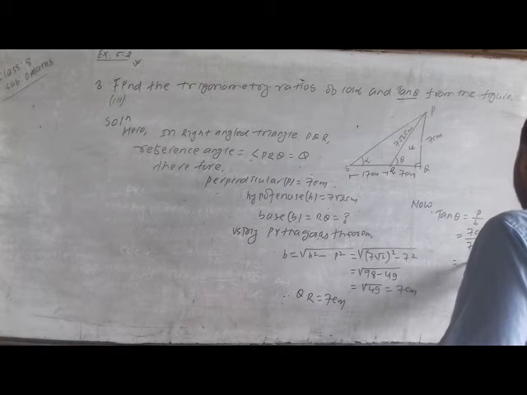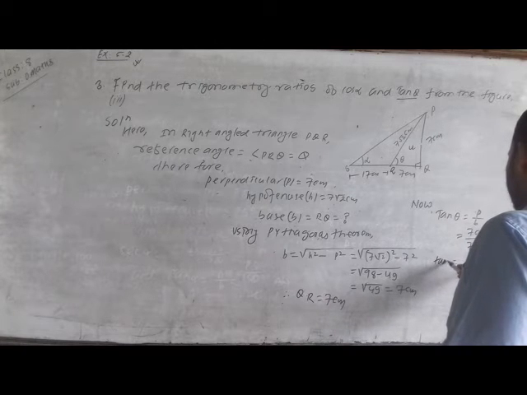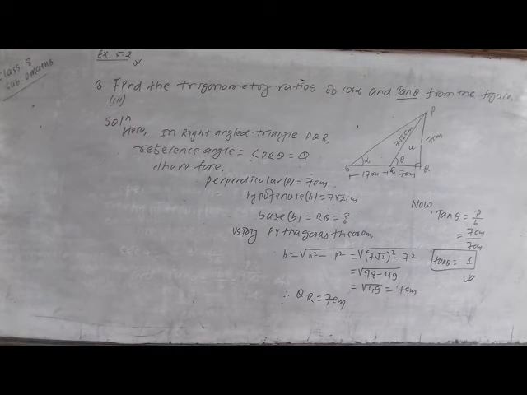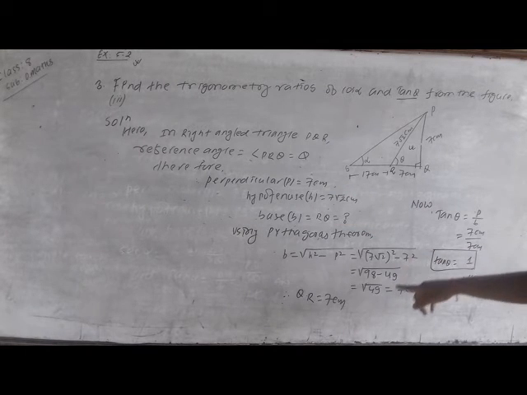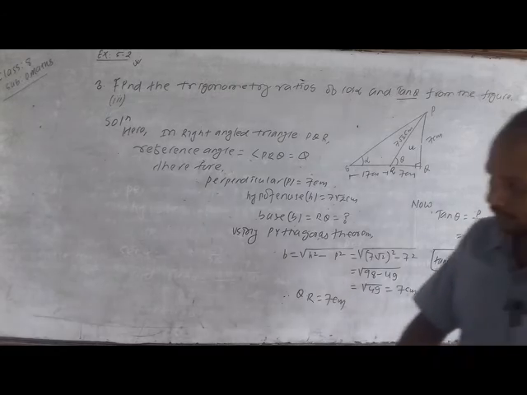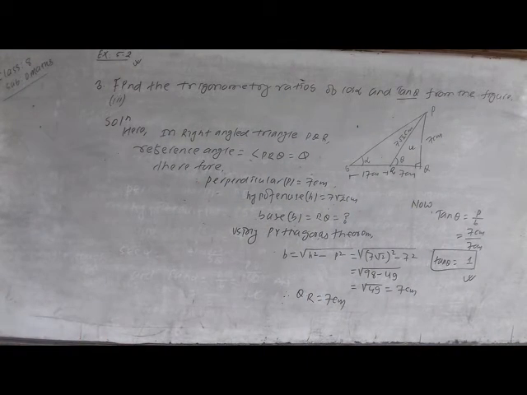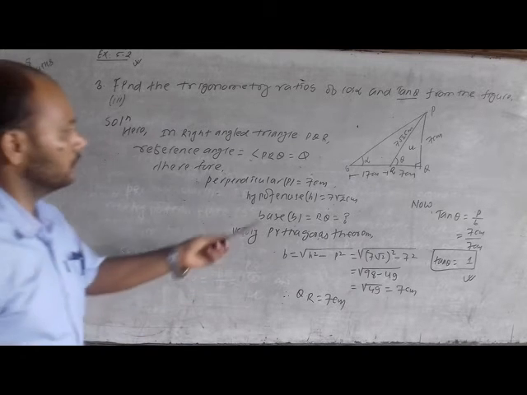So we have here 1. So what is the ratio of tan theta? We have here the value of tan theta is 1. Because we know that tan theta is equal to P by B. So P represent here 7 cm, and B also 7 cm. So we have 1. In this way, we easily find the trigonometric ratios tan theta. Okay, you take one screenshot.